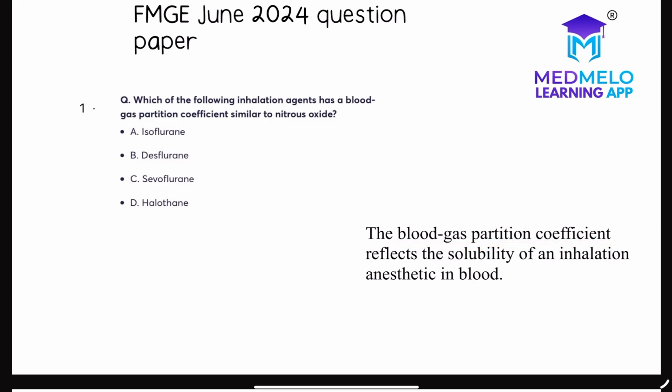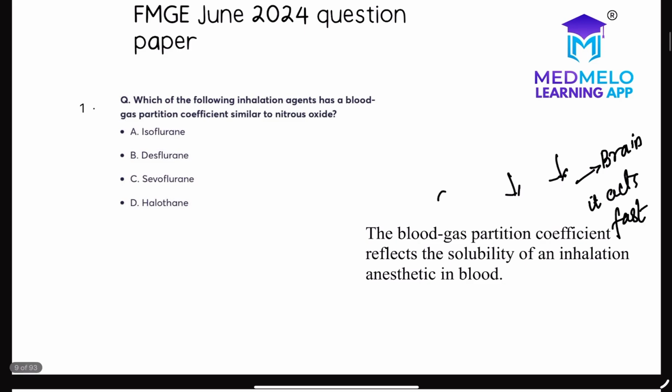It reflects the solubility of the inhalation anesthetic in the blood. So if the blood gas partition coefficient is less, that means the solubility will be less. If the solubility is less, the anesthetic will be easily available for reaching the brain, and it acts faster.